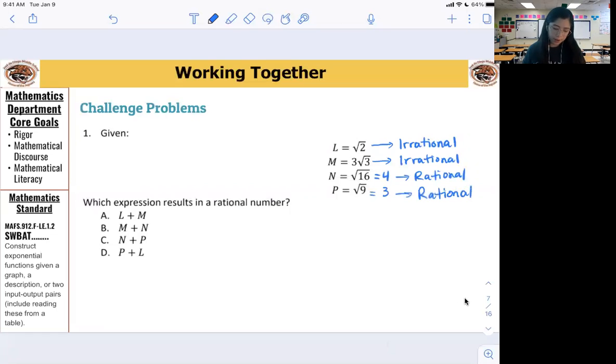Okay, so here's my numbers. Now we're going to see which one ends up being rational. So L plus M, irrational plus irrational. What does that always give me?